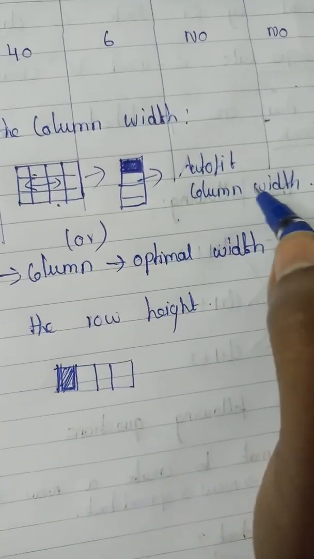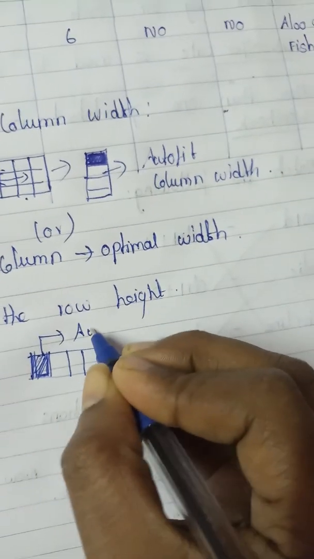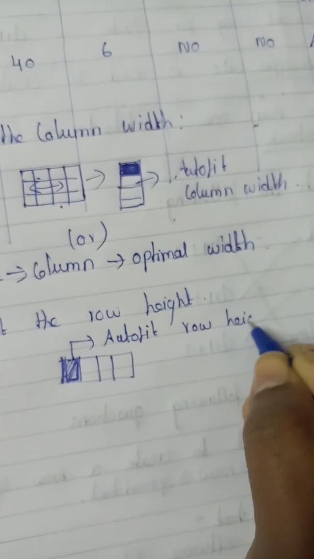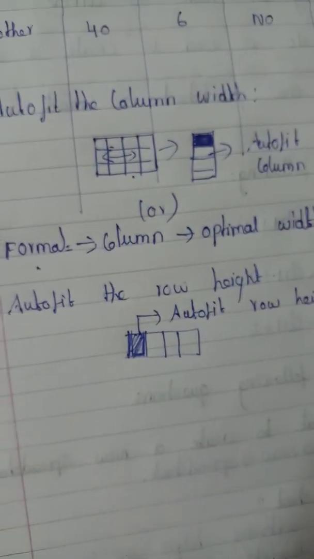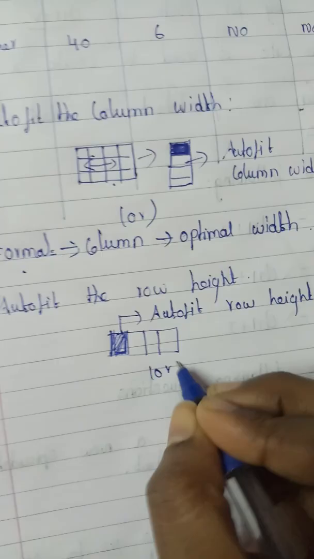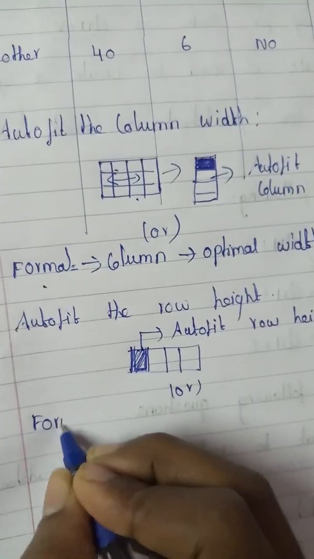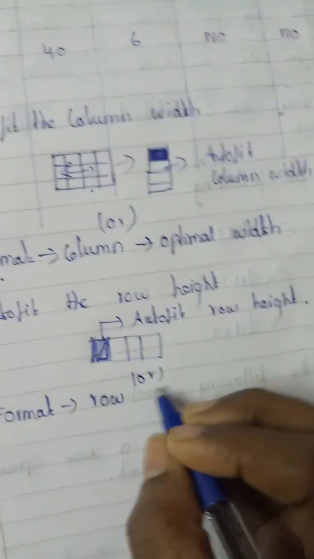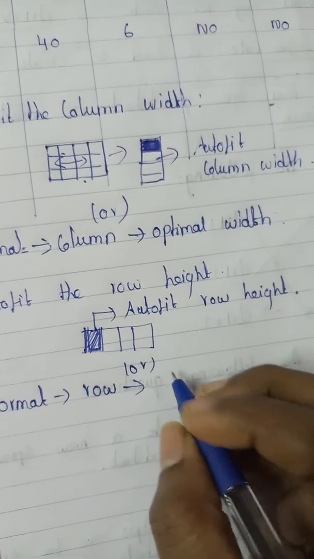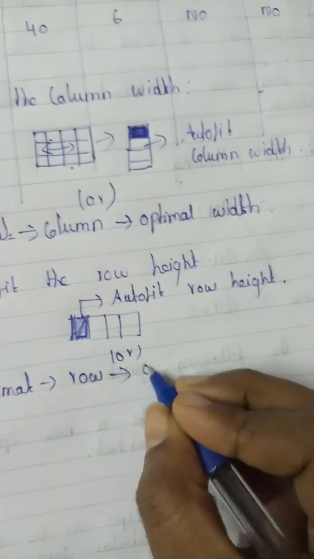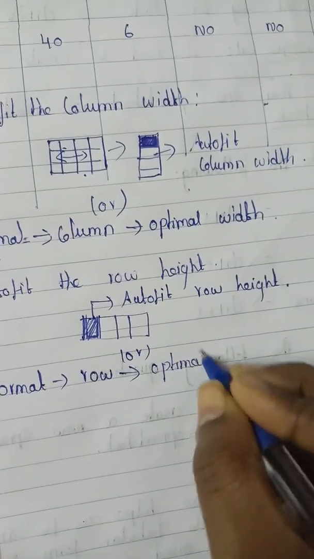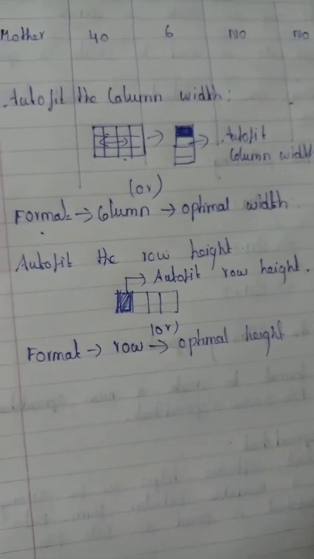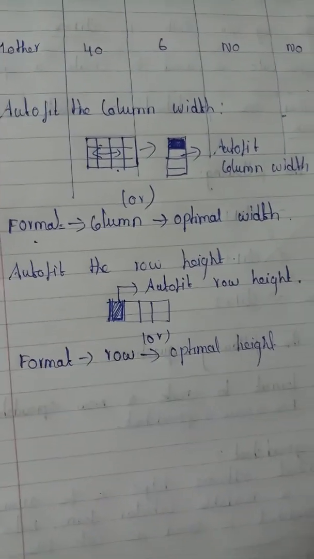This is for auto fit column width and this is for auto fit row height. Or you can choose the format menu. You have the option row. In that sublist, you can select optimal height. This is the procedure for auto fit the row height.